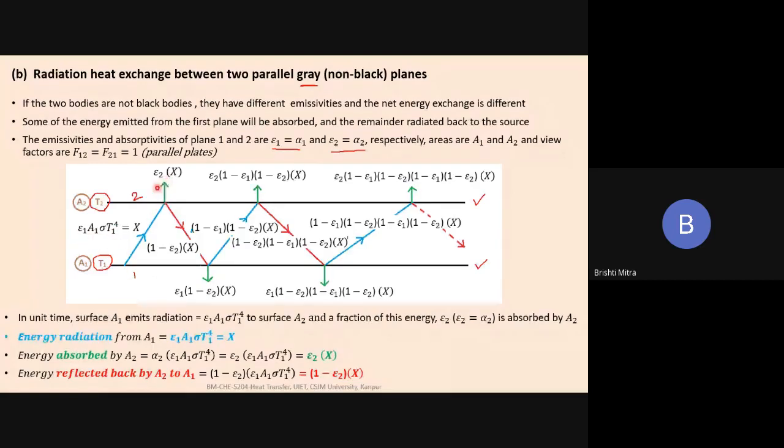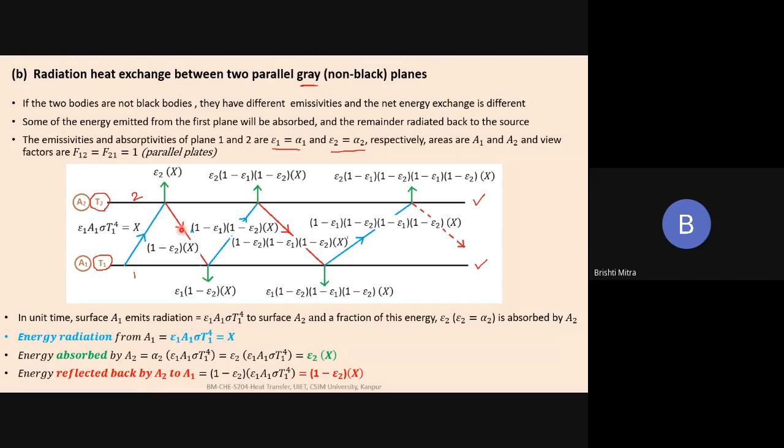Now, if epsilon 2 amount is absorbed, how much is reflected? The rest of it is reflected, because we have considered transmittance to be equal to 0. If you remember, if radiation falls on a body, there are 3 possibilities. One is that it can be reflected. One is that if it is non-opaque, then it can get transmitted. And one is that it is absorbed.